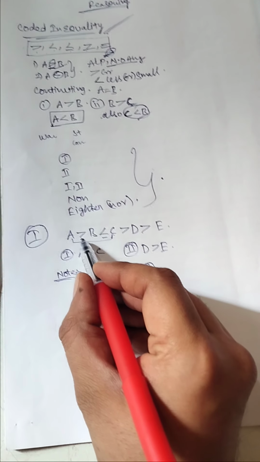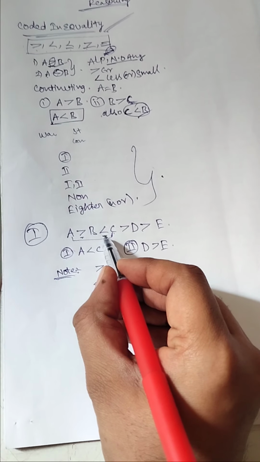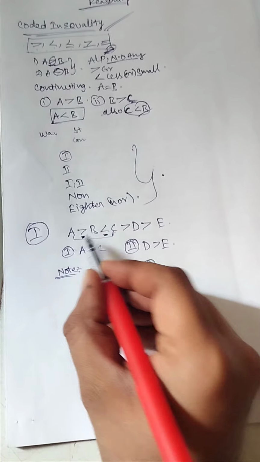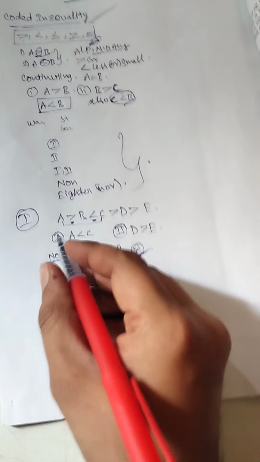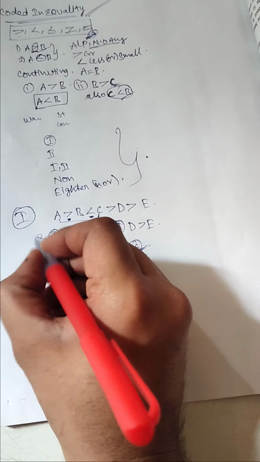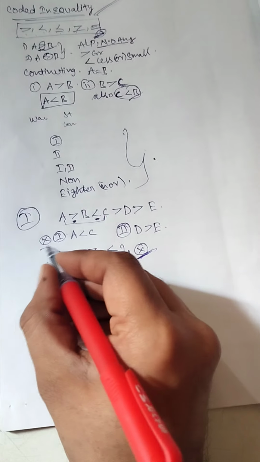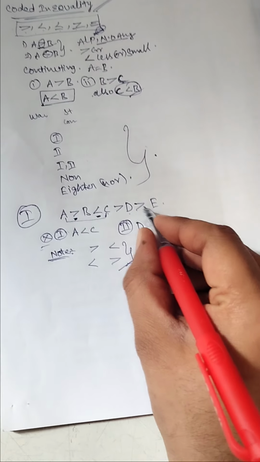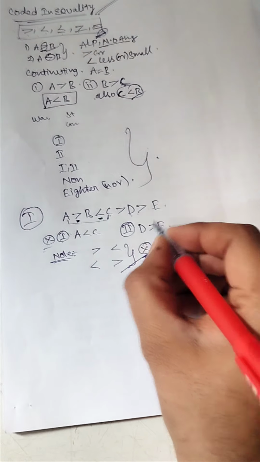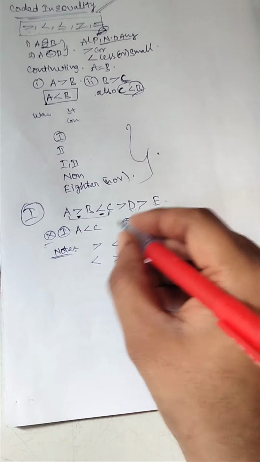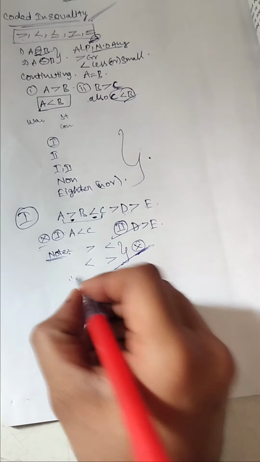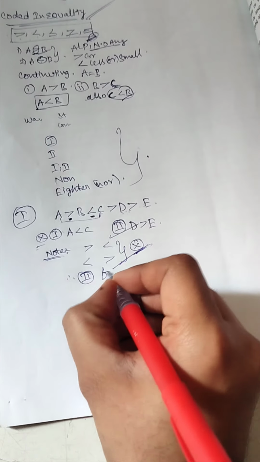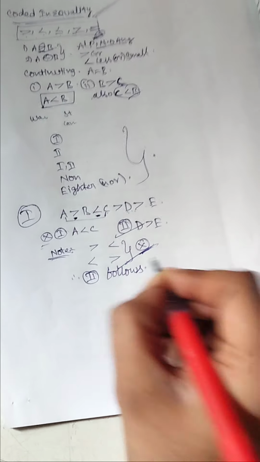Same here: greater than here, less than here, so it will not show any relationship, so the first statement is wrong. Second, d greater than e, yes, correct, so 2 follows.